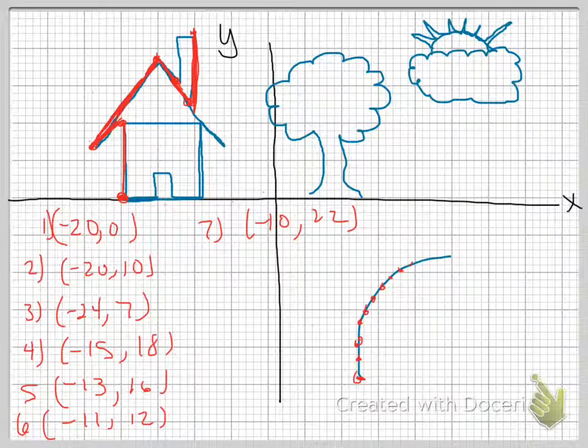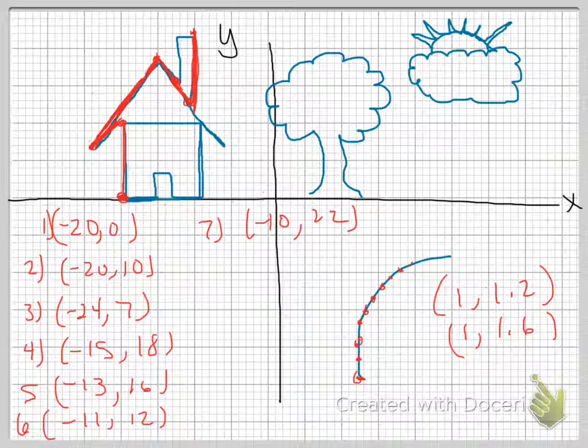You could have points like 1.2, 1.3. You're just estimating where you think it is. If it's over half, you might say 1.6, 1.7, 1.8, somewhere around there. A lot of times I'll try to get at least 3 dots per square.